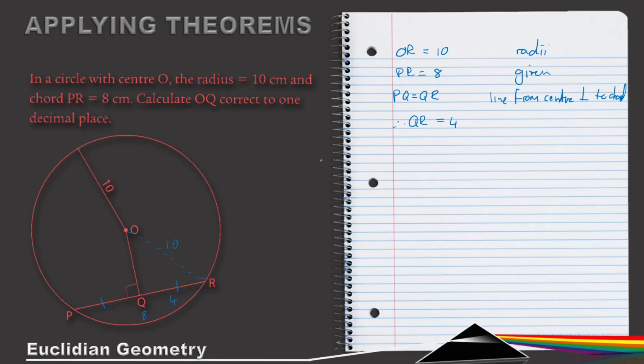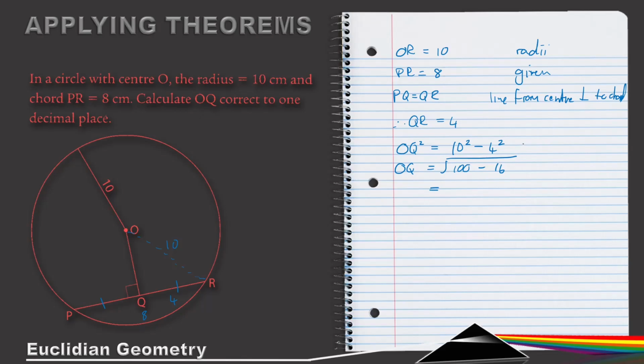Okay, and then we can go ahead and solve for OQ. OQ squared: now OQ is the shorter side, so we take the hypotenuse 10 squared minus the other short side 4 squared, and then OQ is the square root. We know this is 100 and that is 16, and then we can put that into the calculator. Oh, and we have to state our reason.